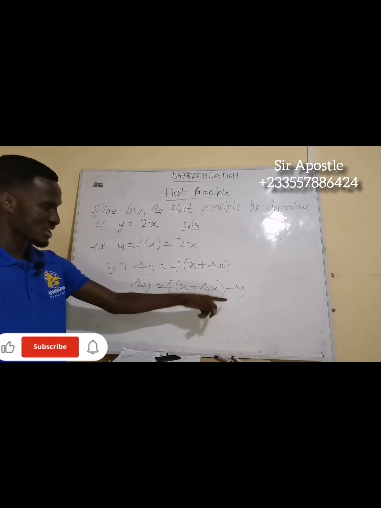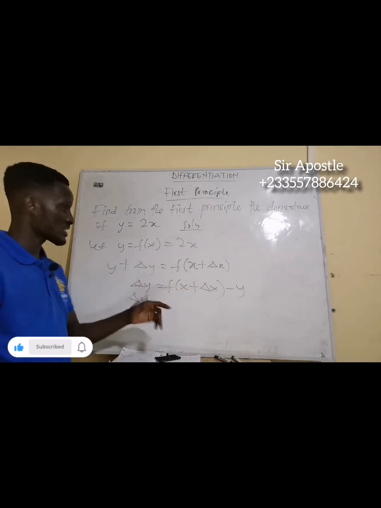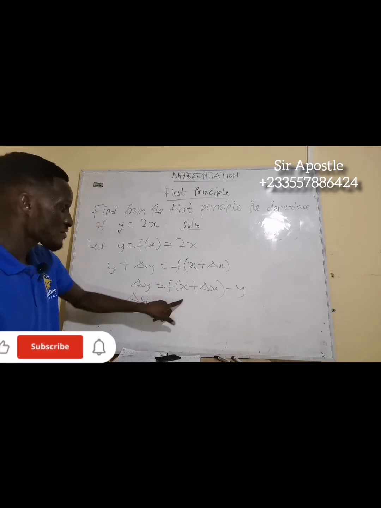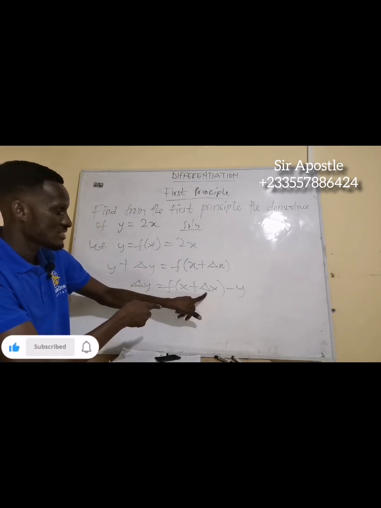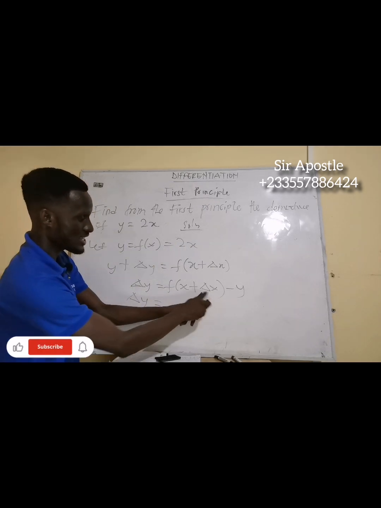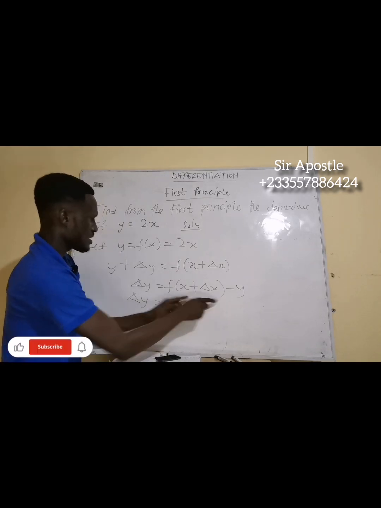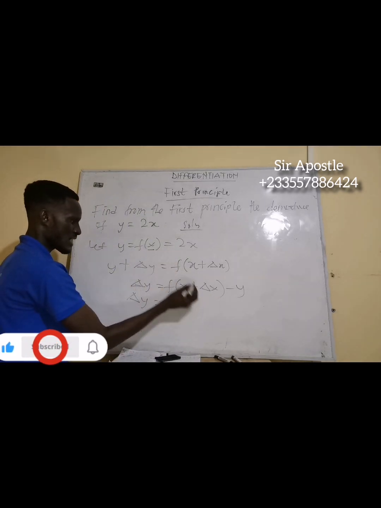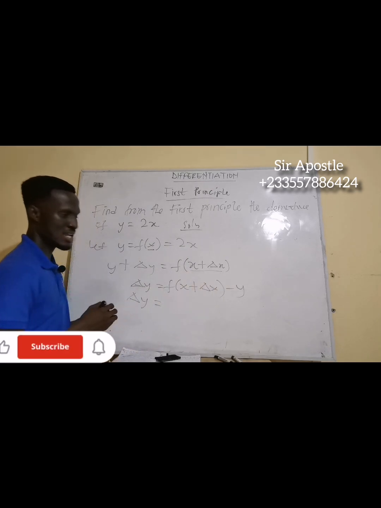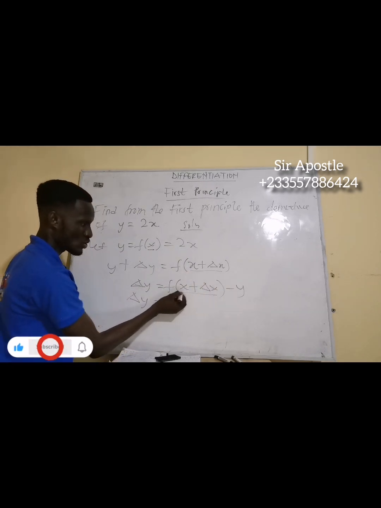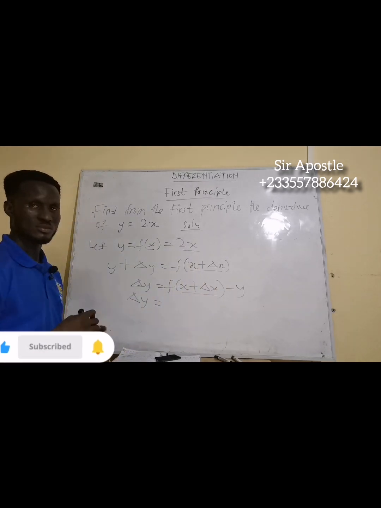Now what is f of x plus h? How are we going to find f of x plus h? It is f of x plus change in x. It means that this one is the x, but the x is now x plus change in x, so we have to replace the whole of this one with this.